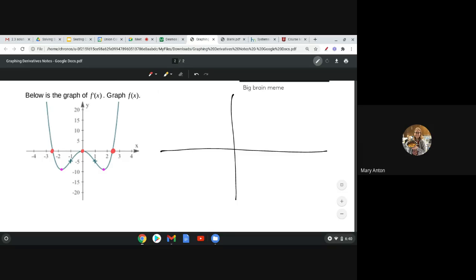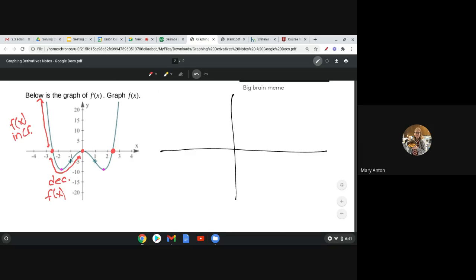And now, when our derivative is positive, so like on this interval, this means that our function is increasing. I'm just going to write INC, increasing. Okay, and now, from negative 2 up until 0 on this interval, we are decreasing, since our derivative is negative, that means our f of x is decreasing.